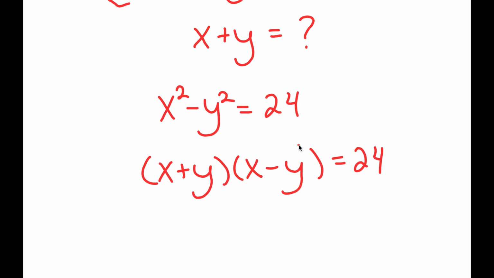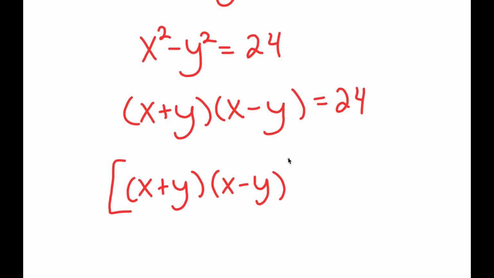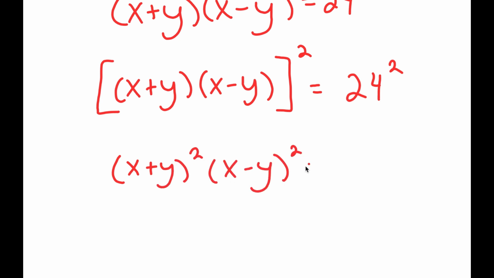Now from here, what I'm going to do is square both sides. So this turns into x plus y times x minus y, squared, is equal to 24 squared. And this is equal to x plus y squared times x minus y squared is equal to 24 squared.